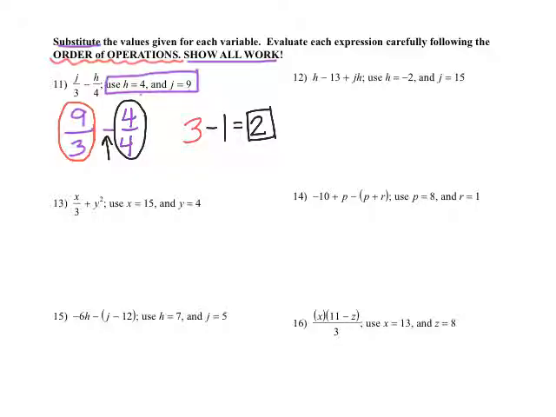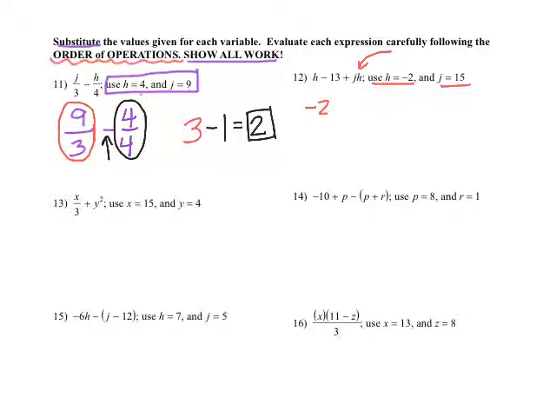All right, let's take a look at number 12. In number 12, we have to use negative 2 for H and 15 for J. Now, if you take a look right here, the expression has a JH. Well, this is saying we want to substitute in negative 2 for H. We're going to subtract 13.